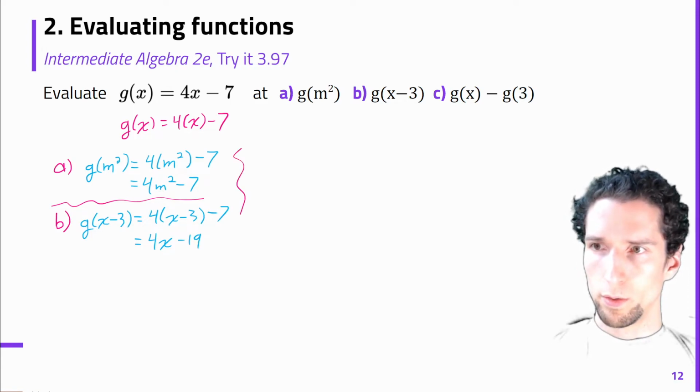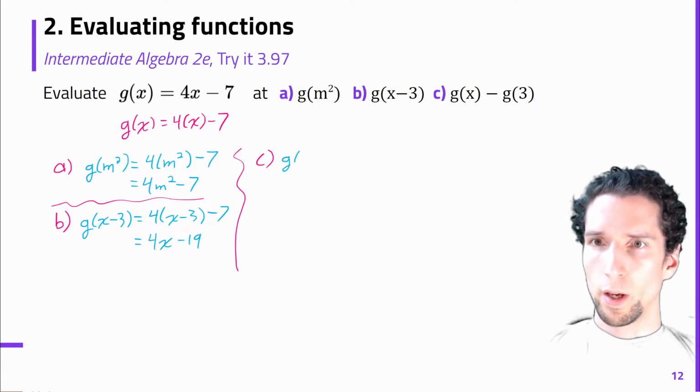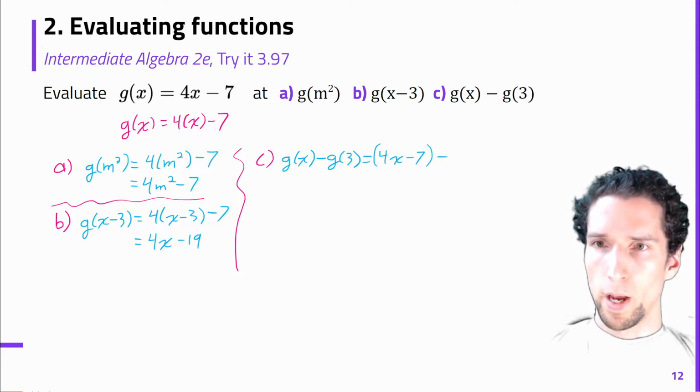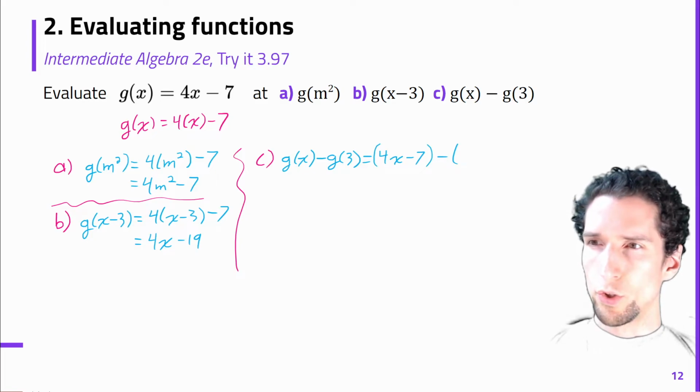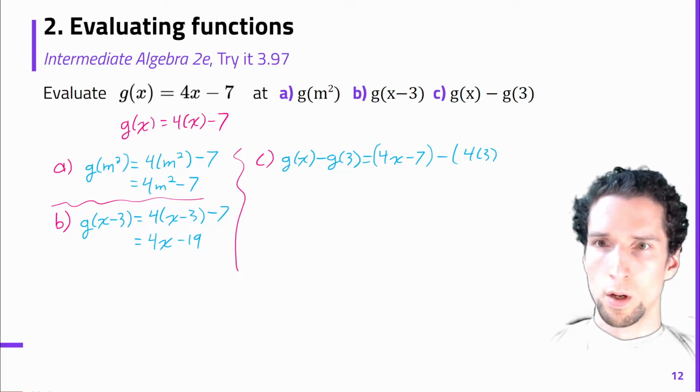And then c over here. g of x minus g of 3 is equal to g of x, so that's 4x minus 7. Add our brackets for clarity here, minus, and then g of 3 will be 4 times 3 minus 7.